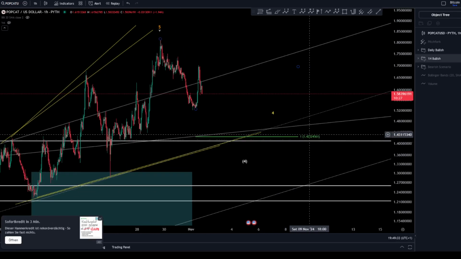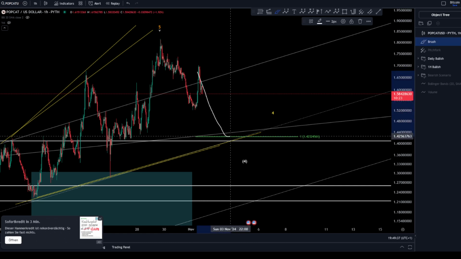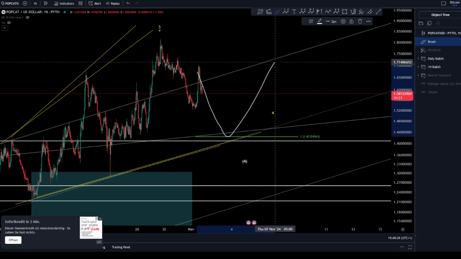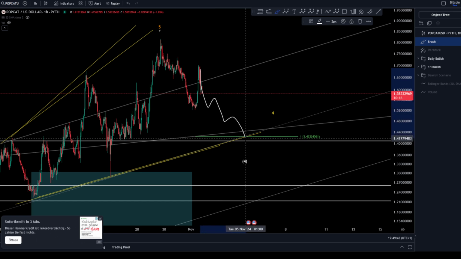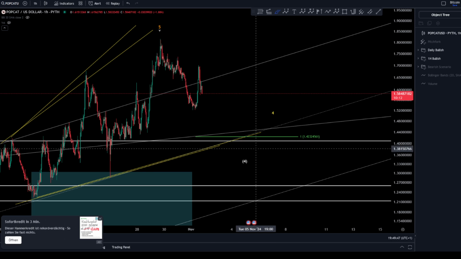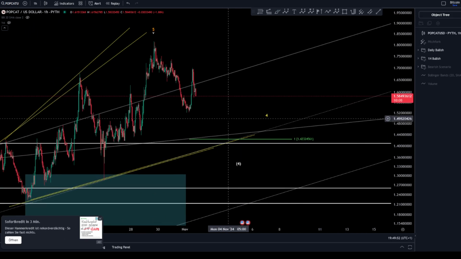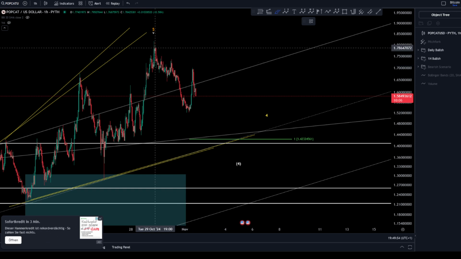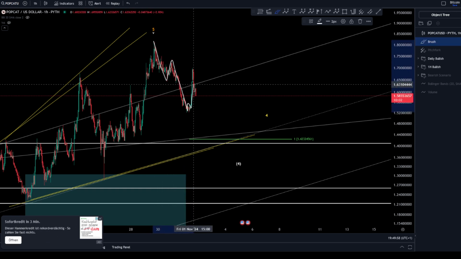As you can see, the 1-to-1 fib level might still bounce even on our base channel, which is a good indication. It would be a good indication if we bounce back only by hitting 1.42 or 1.40 cent for POPCAT. And in that case scenario, you are looking, of course, at A, B, C, and then of course finished a wave B here as A, B, C as well.